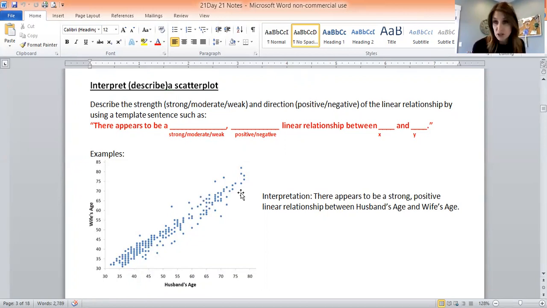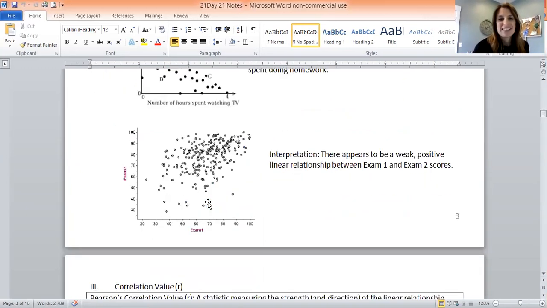Positive refers to the slope, if it's positive or negative, and it's a linear relationship between x and y. Depending on what those are, I would fill those in. I wouldn't just say x and y. I would say, like this one says, husband's age and wife's age. That's how we interpret or describe what we see in a scatter plot. And there's a couple more examples here with the interpretations.